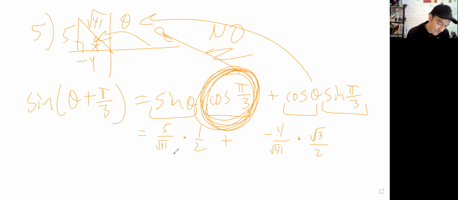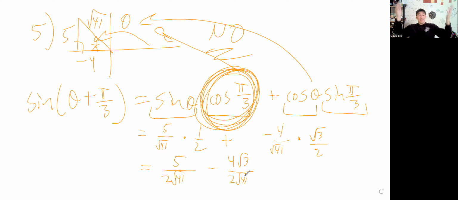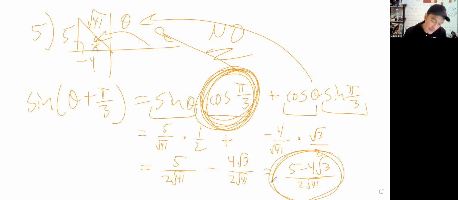So this would be 5 over 2 square root 41 minus 4 square root 3 over 2 square root 41. It's convenient that we have a common denominator. So just merge the two fractions into one, and you can stop right there. So 5 minus 4 square root 3. You don't have to go any further than this point. Just leave it like that. Well, it's good enough to me.